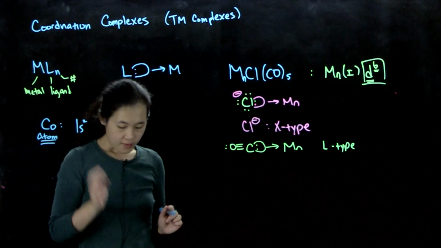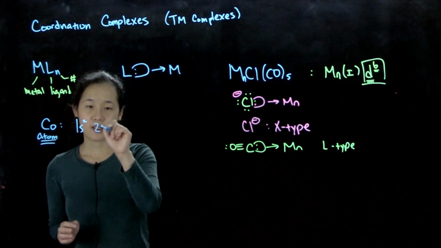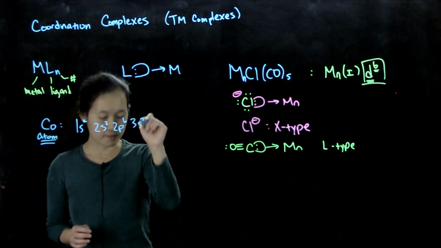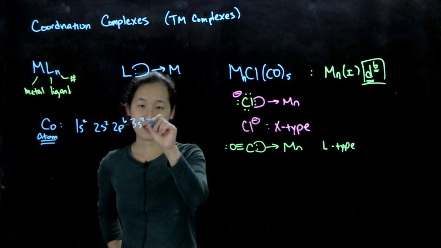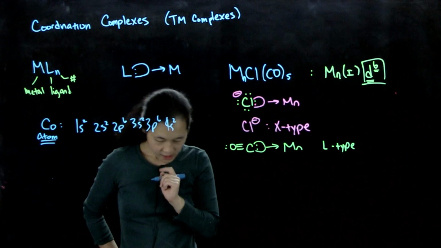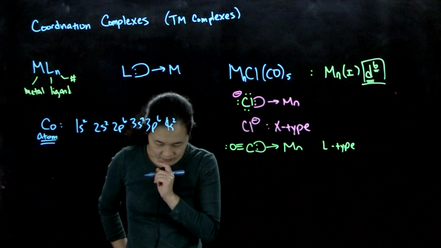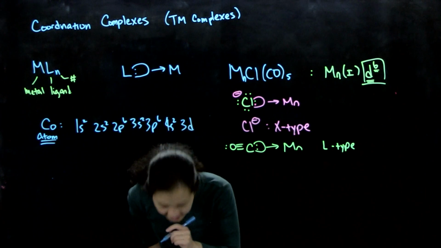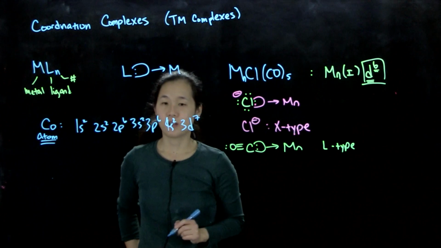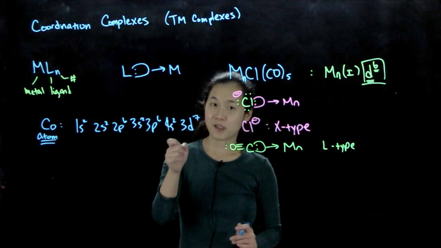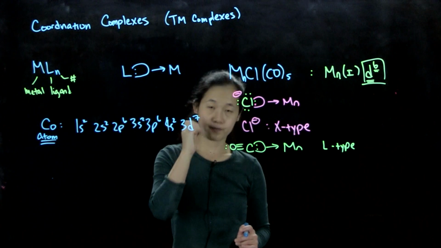The cobalt atom has configuration 1s2, 2s2, 2p6, 3s2, 3p6, 4s2, and then 3d, how many? 7. I've written it like this because as you go across the periodic table, the 4s2 fills in first, and you have 3d7.